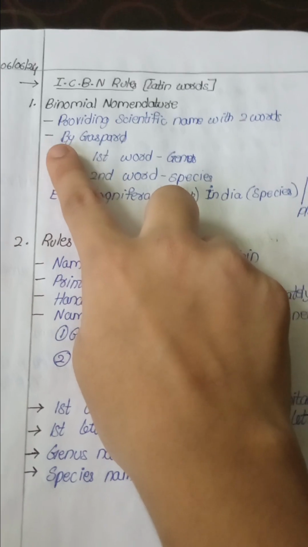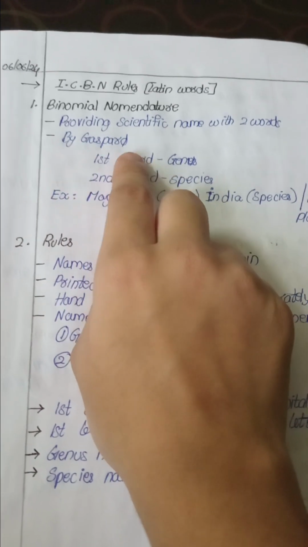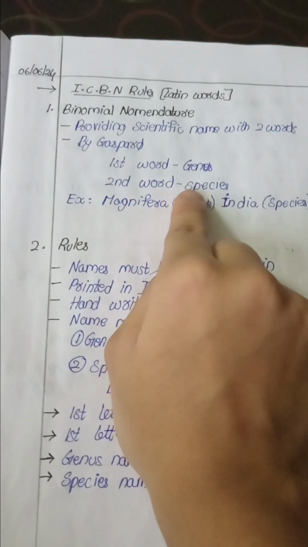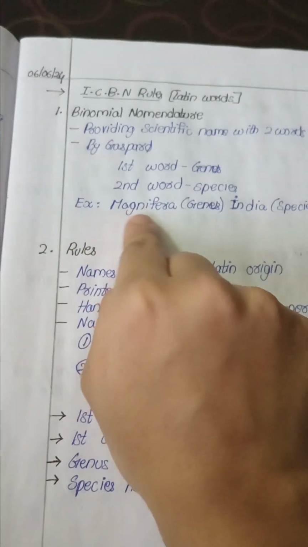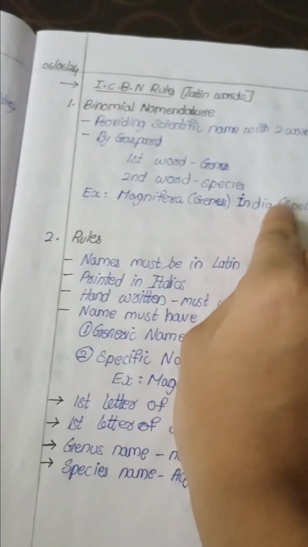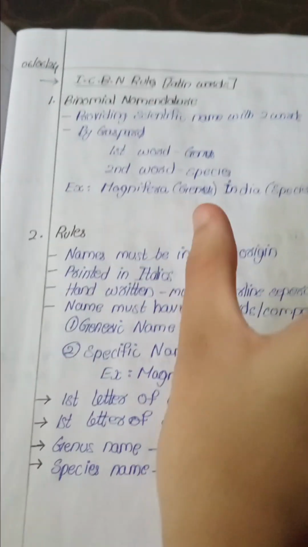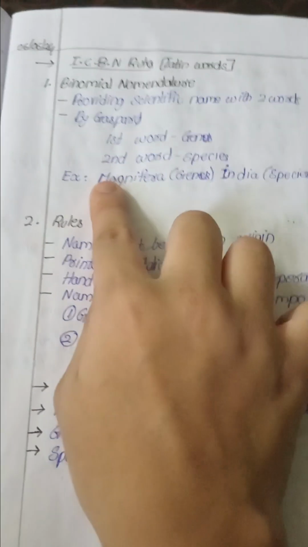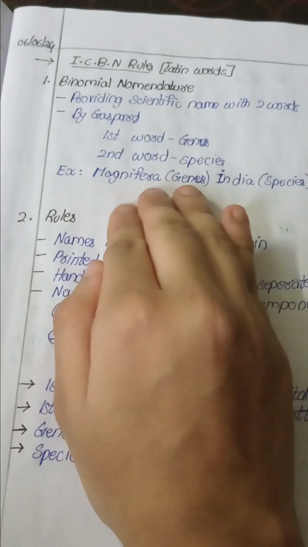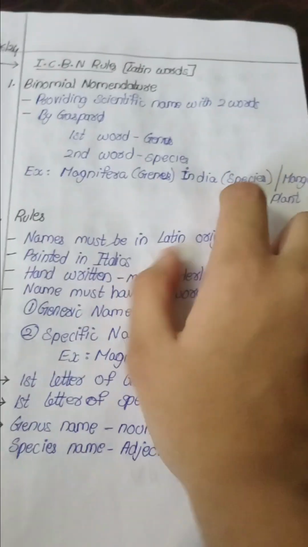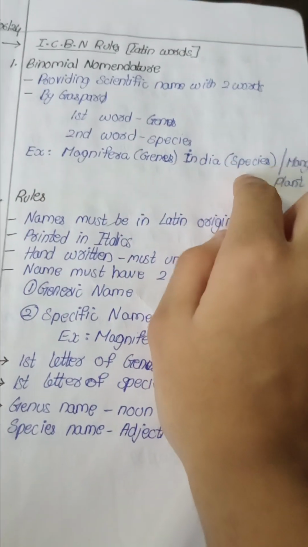The first word must be genus and the second word must be species. Example: Mangifera is genus and indica is species. The scientific name of mango is Mangifera indica. Here the species name should always be a small letter.